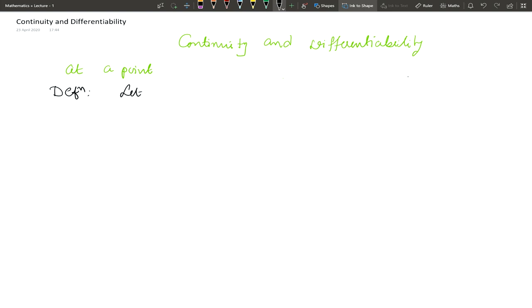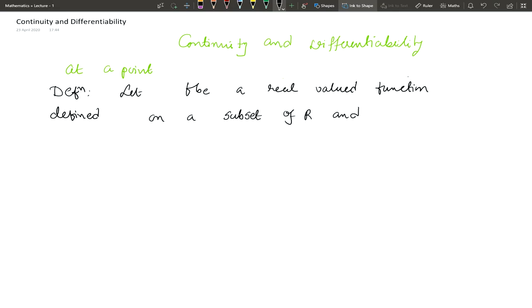Let f be a real valued function defined on a subset of R and c be a point in the domain of f.